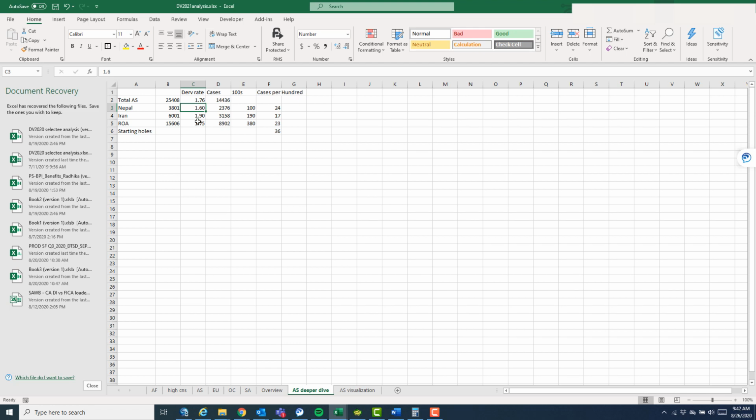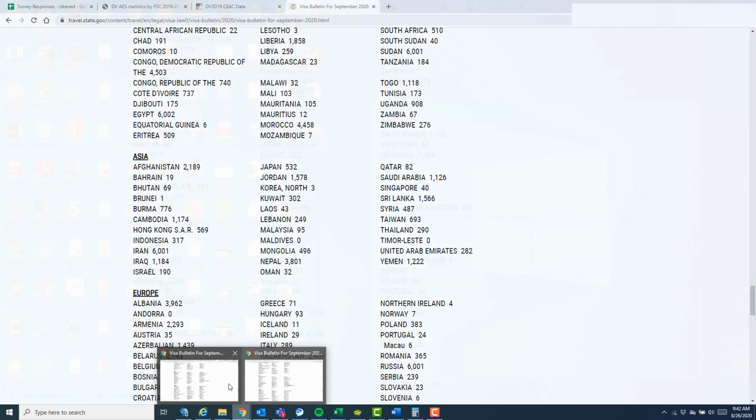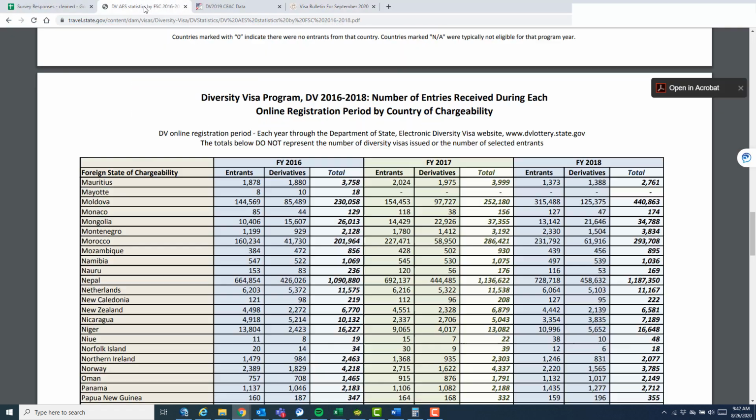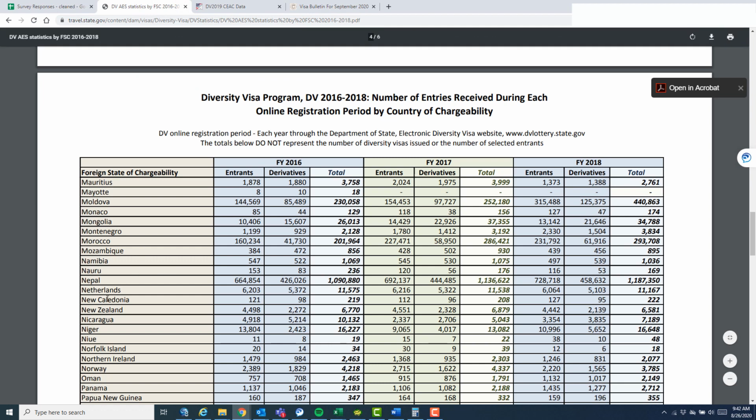If you study the selectee data over the last few years, and I've brought it up for us here, you can go and check how many selectees are in each year, right? How many entries are received in each year.